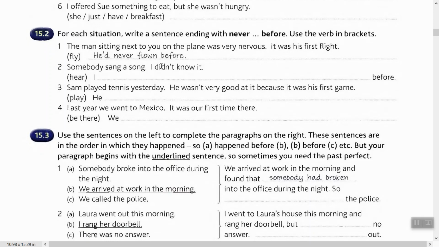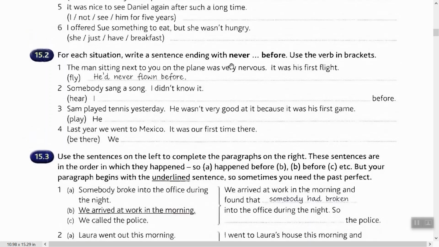He'd never flown before. The man sitting next to you on the plane was, you see, for example, I tell you I traveled six months ago and there was a man in the past. I traveled last year to Egypt, for example, and there was, you see, I'm talking in the past tense, there was someone sitting beside me.